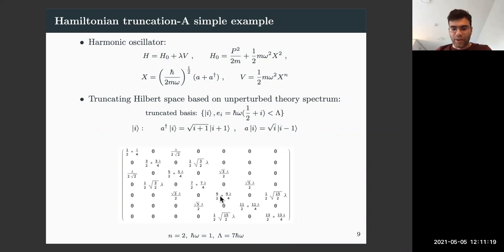Your matrix will look like 7 by 7. This is the Hamiltonian matrix. As you can see on the diagonal part, you have the unperturbed parts, which is half of h bar omega, 3 halves of h bar omega, and so on.